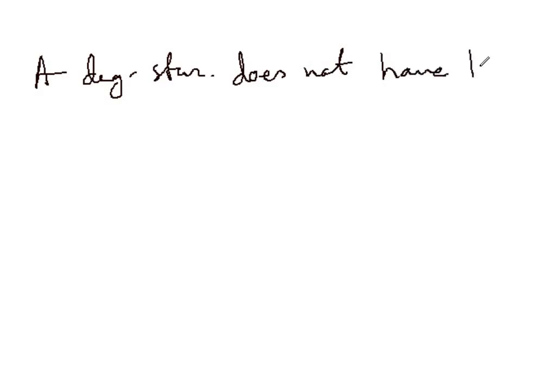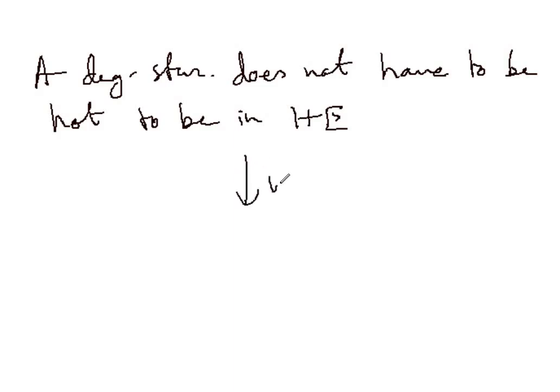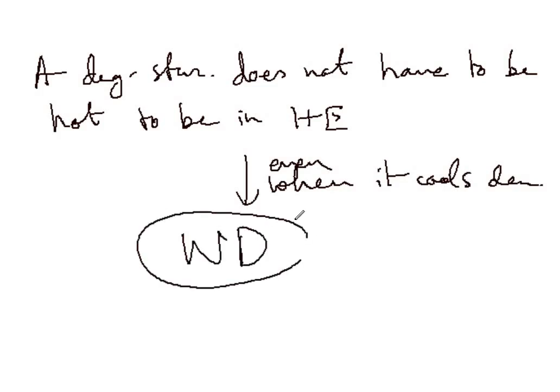A degenerate star does not have to be hot to be in hydrostatic equilibrium, and it can remain in this state forever even when it cools down, right? Now this is the case for the white dwarfs.